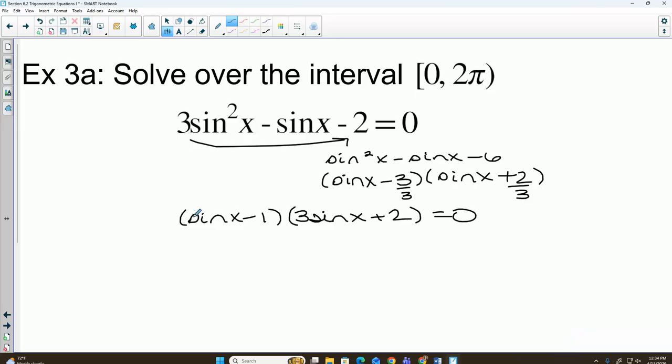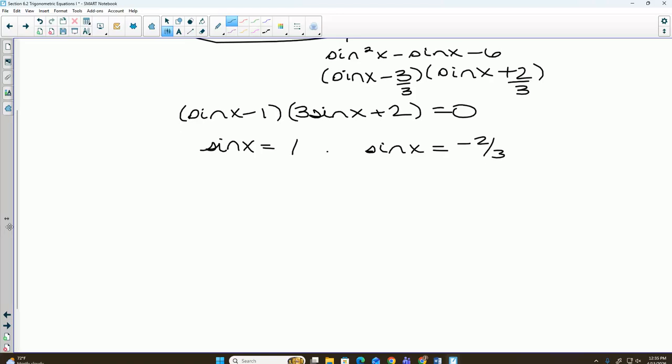So now if you set them equal to 0, you get that sine of x is equal to positive 1 or negative 2/3. So I have to solve both of these.